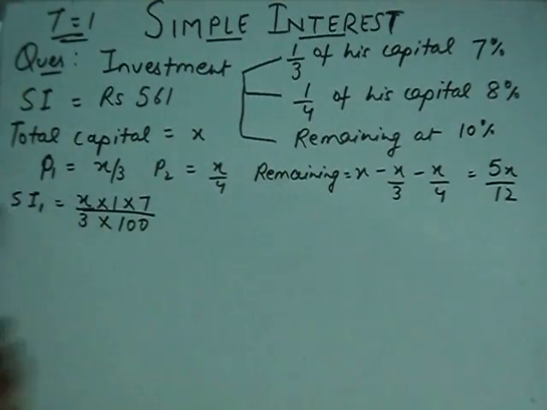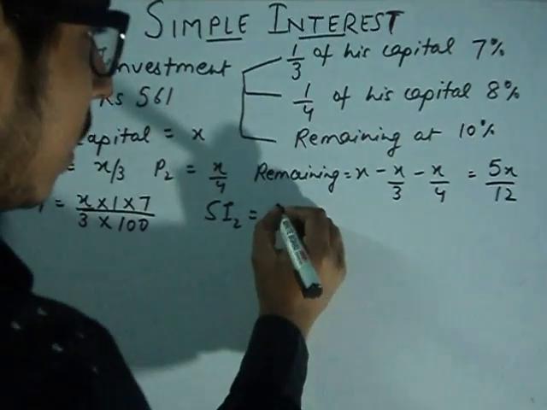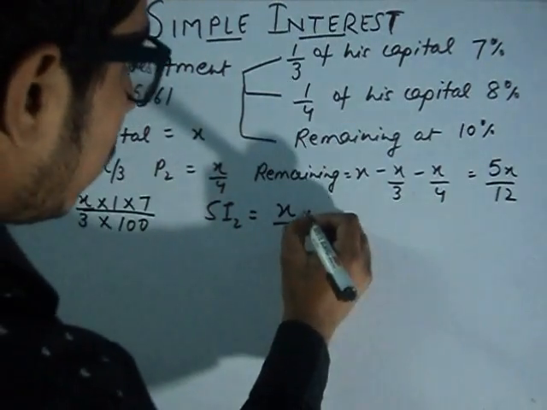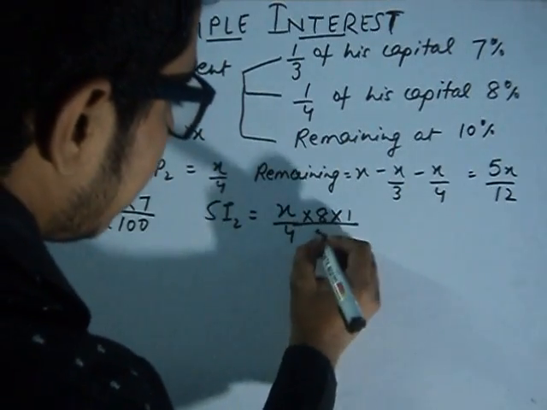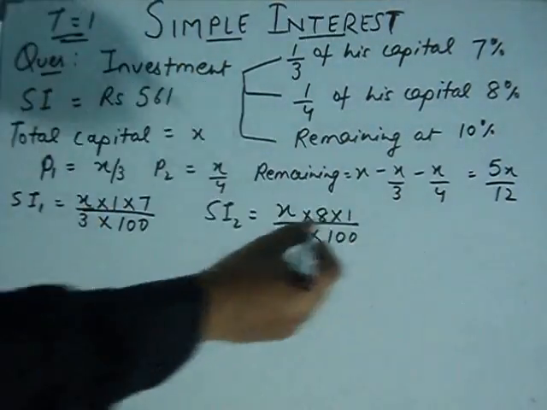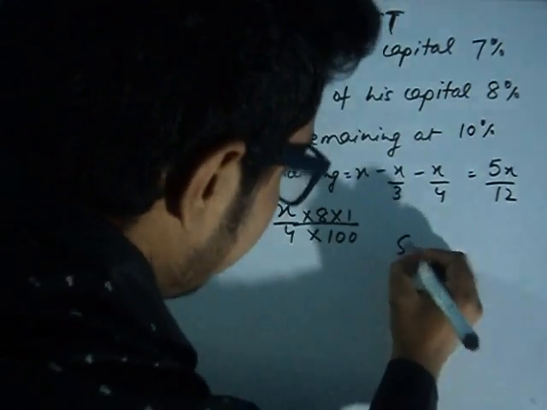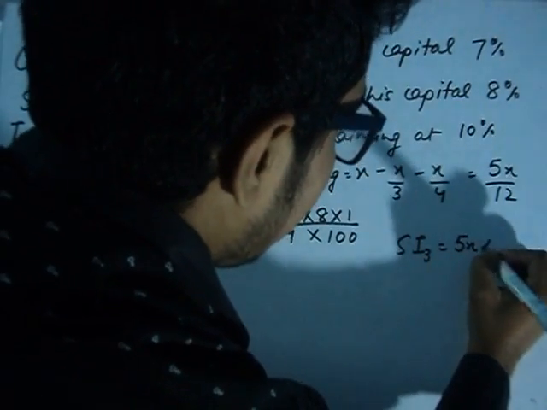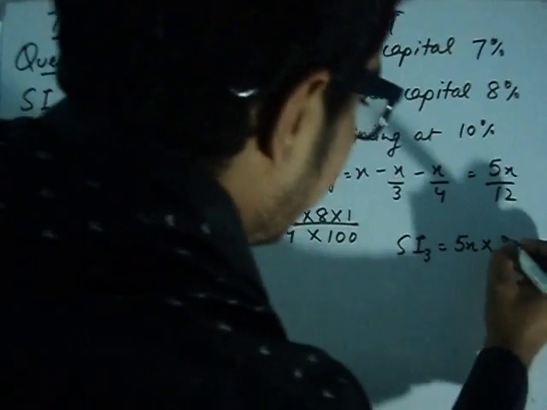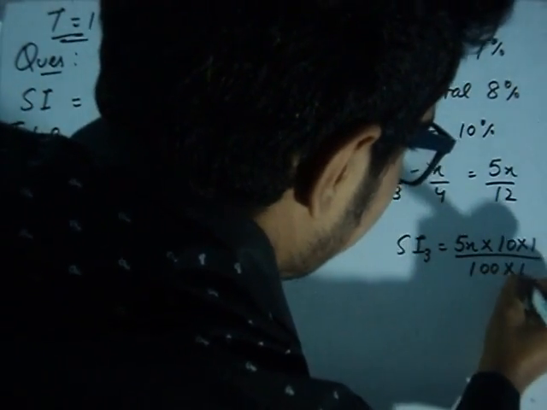This is our simple interest 1, and SI2 would be x by 4 and it is at 8%, so we write it like this. 1 is our time period, and SI3 would be 5x by 12, at 10%, so we write the rate of interest as this value.